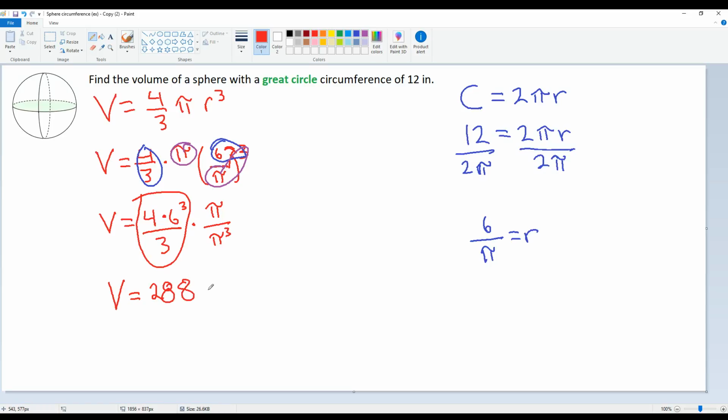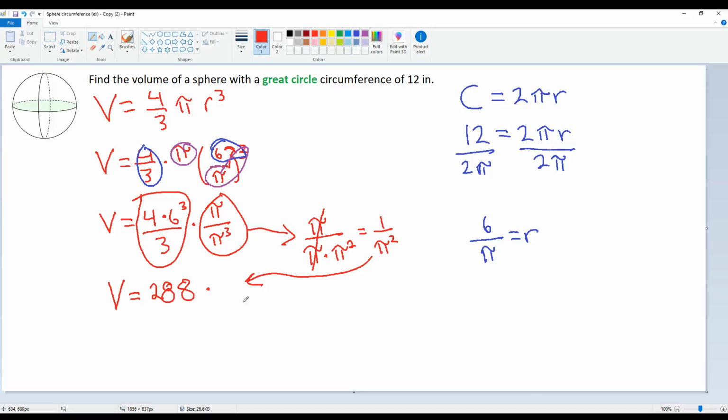So 288 times, now to simplify this, you want to look at it as pi cubed is really pi times pi squared. So one pi cancels out from the numerator and one cancels out from the denominator. So that equals 1 over pi squared.